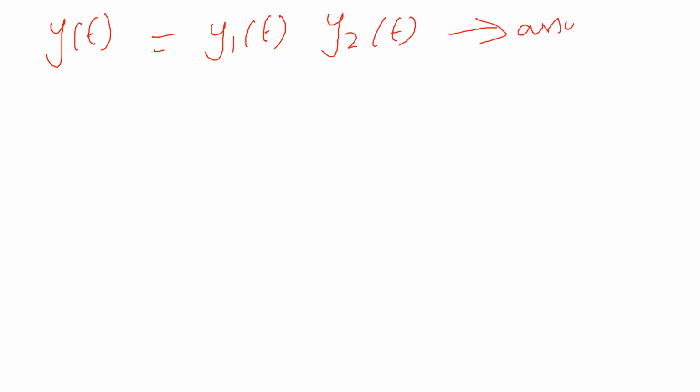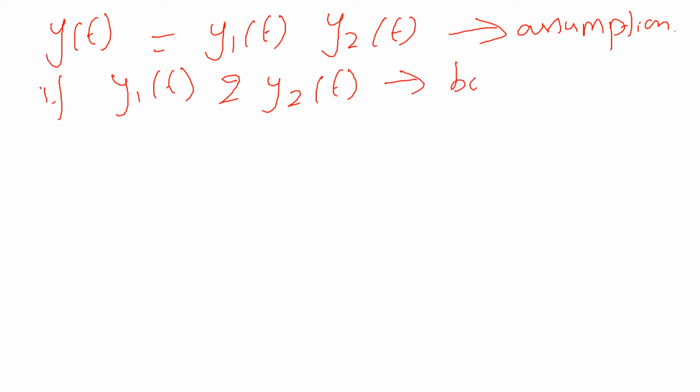So let me solve that. Y of t is equal to y1 of t into y2 of t. An assumption: if y1 of t and y2 of t both are even, then what does it mean?